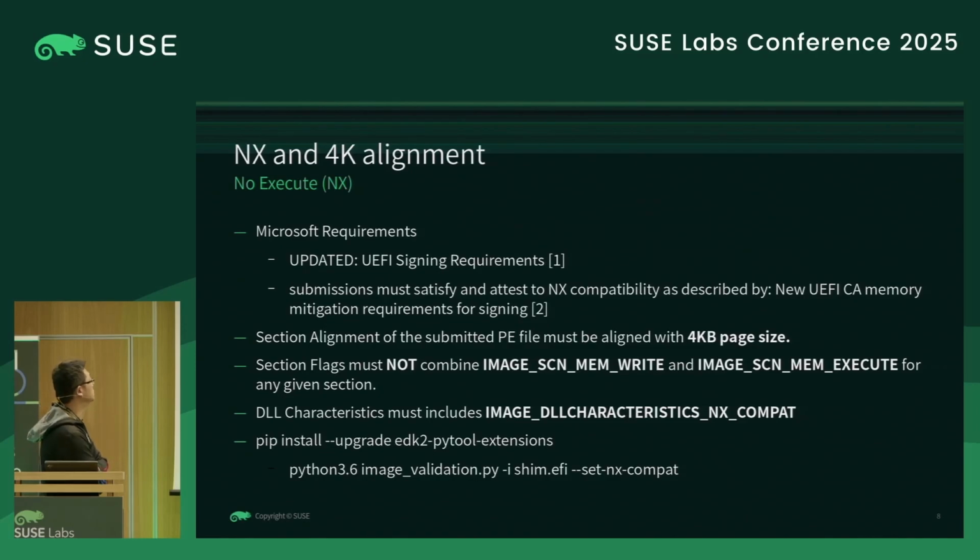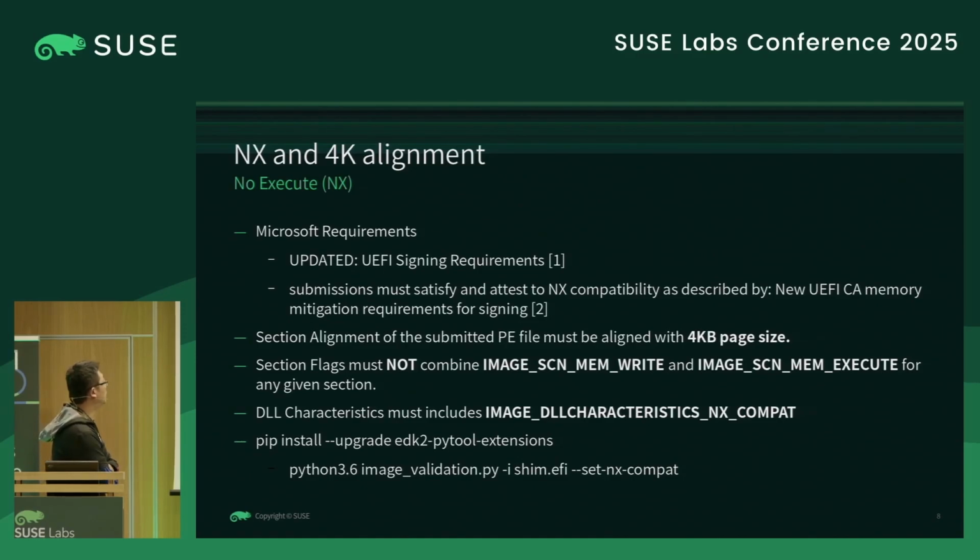Microsoft at one time launched a spec or requirement saying that anything, including the Shim bootloader and other EFI applications, should support these functions before they are signed by the Microsoft key.